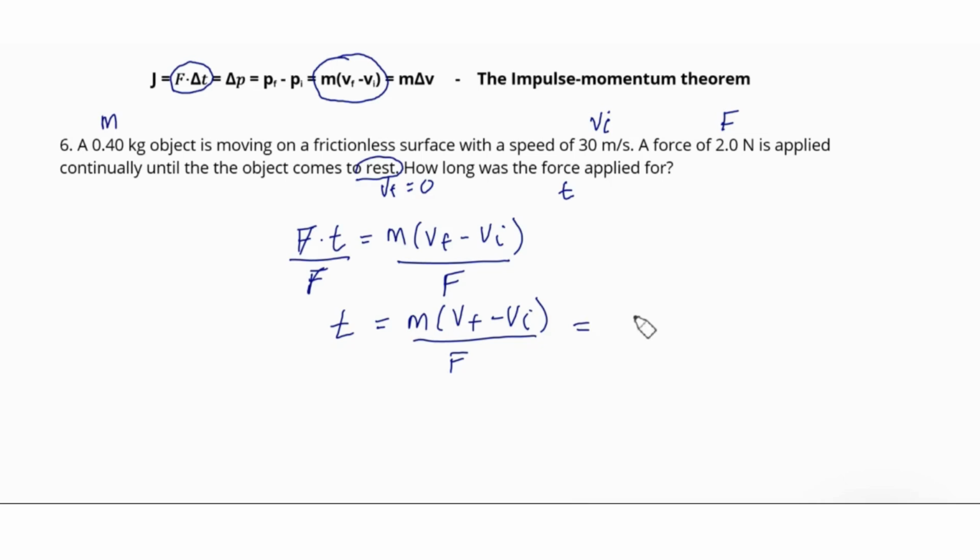Plugging that in, I get 0.4 times VF, which is 0, minus 30, all divided by 2, which gives me 0.4 times negative 30 divided by 2, which should be 0.4 times negative 6.